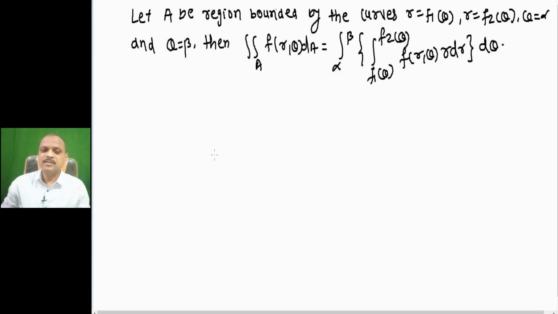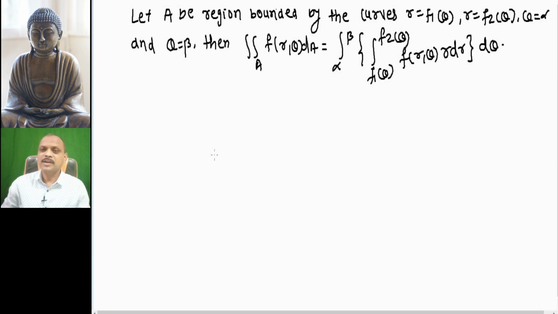Now friends, we take the evaluation of a double integral in polar coordinates. Let A be a region bounded by r equal to f1 of theta, r equal to f2 of theta, theta equal to alpha, theta equal to beta.